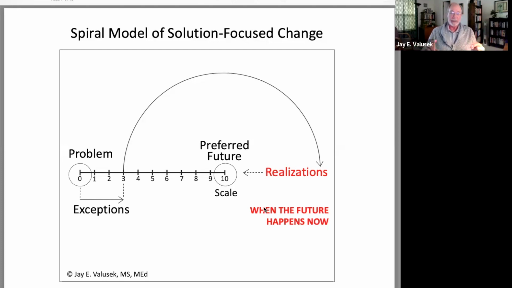So it's not really the future, it's present. I think the brief organization refers to these as instances in which the future occurs. If you want to look at them, they're literally the same thing, but it's a flip. The exception is a bad thing is not happening. What is happening is a good thing, and that's your preferred future.